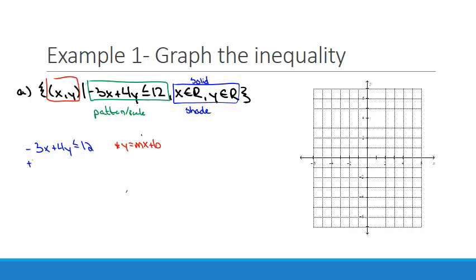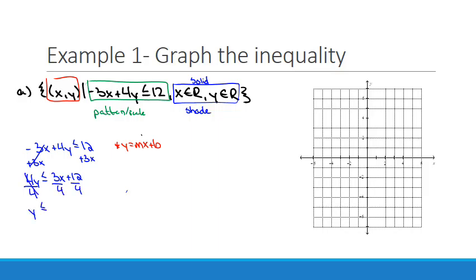So first thing I'm going to do is move that x. You always perform the opposite operation to move it over. 4y is less than or equal to 3x plus 12. Now I'll isolate that y by dividing by 4.